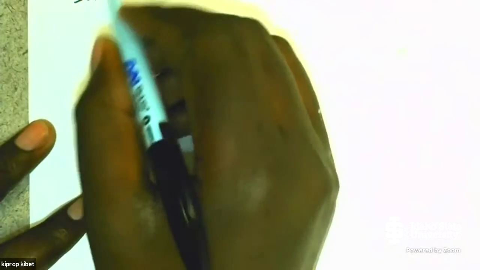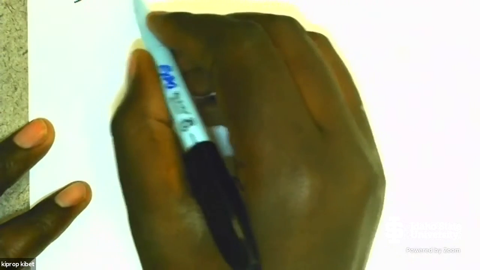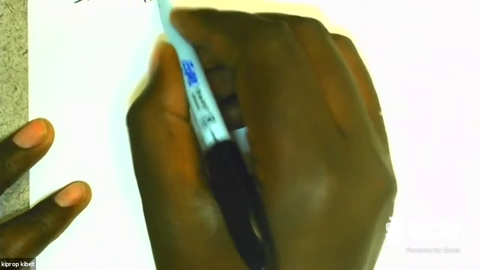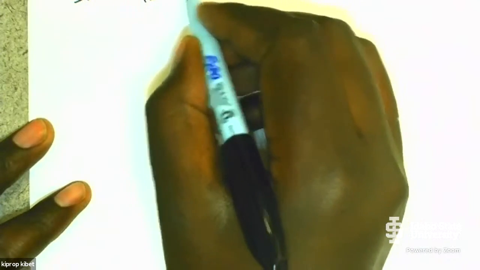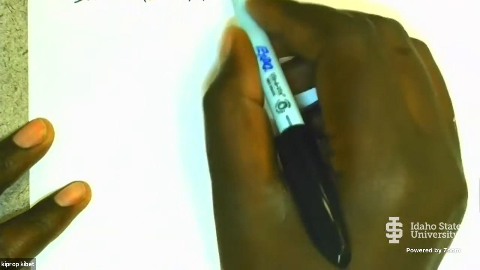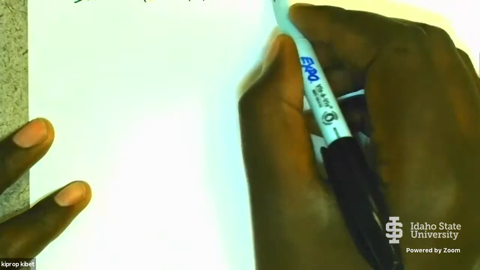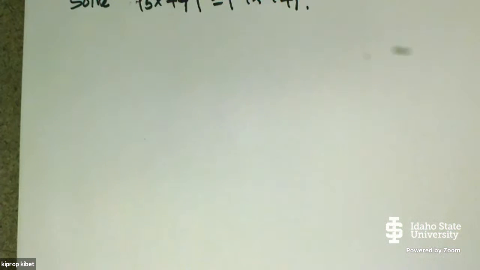Any question? Okay. Another example. The absolute value of 5x plus 9 equals the absolute value of 9x plus 4. Now, how should we solve this?